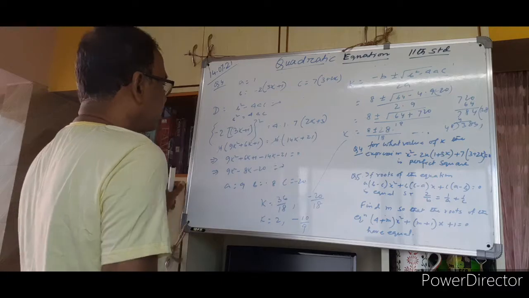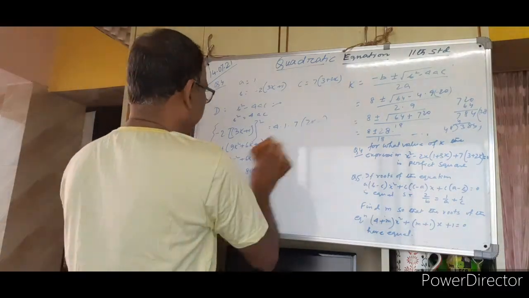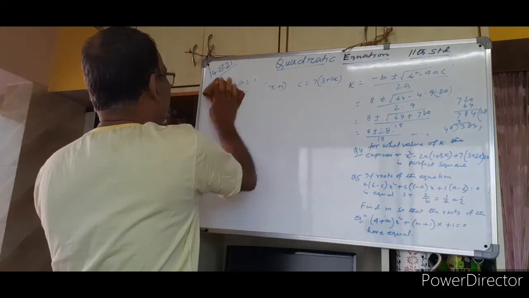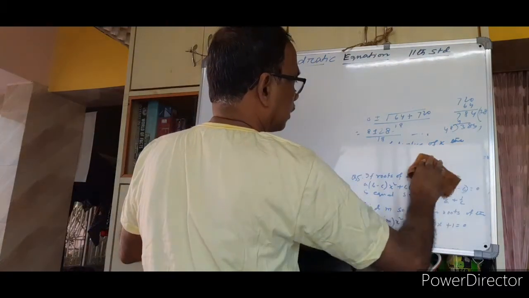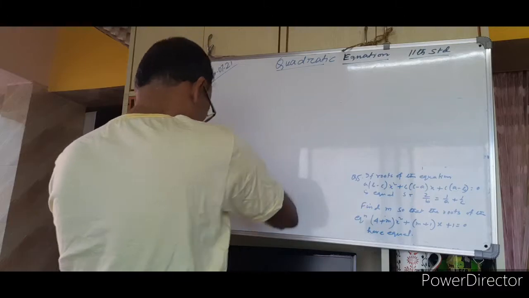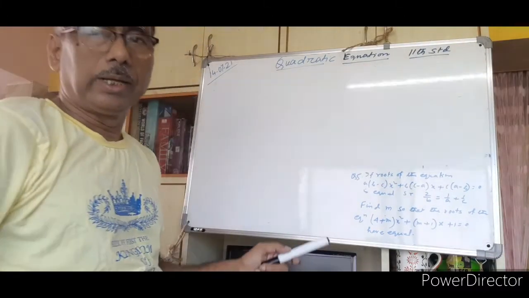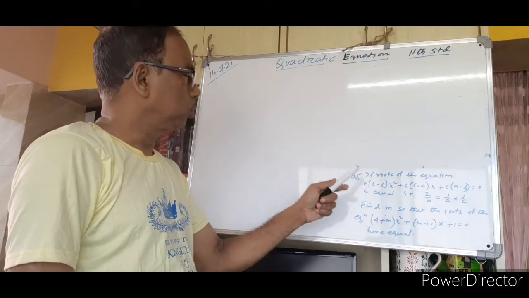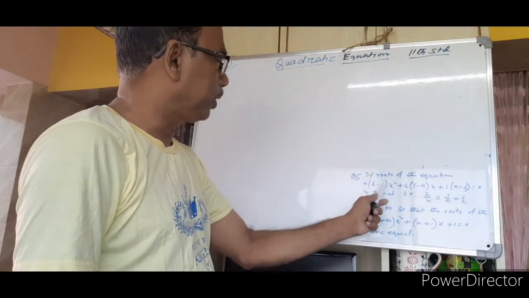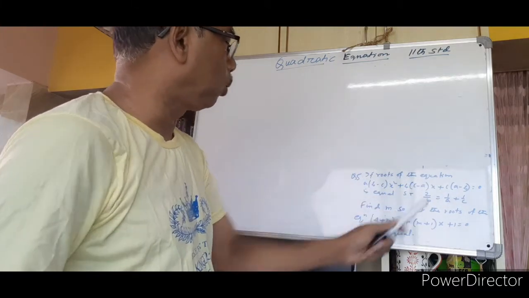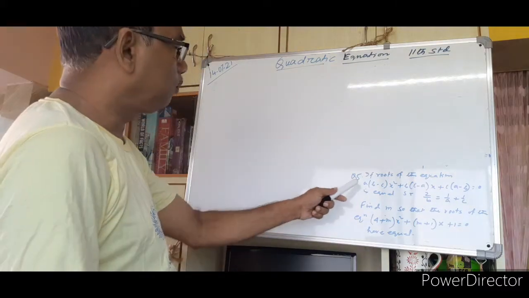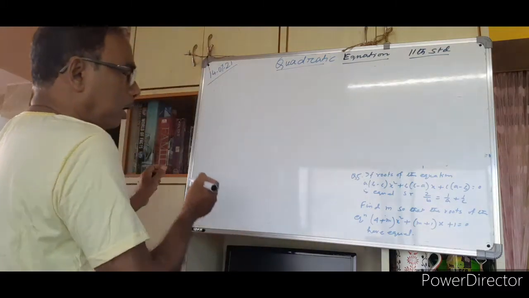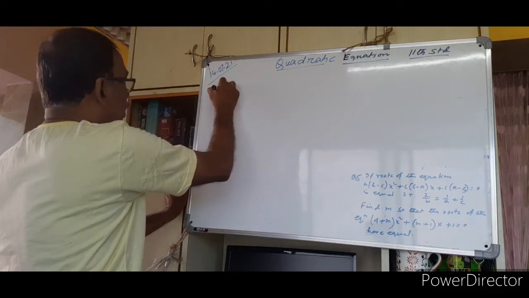Okay. Next, sum number 5. Question number 5. If the roots of the equation are equal, we have to prove this. Here, roots are equal means we have to find the discriminant should be 0. That is question number 5.